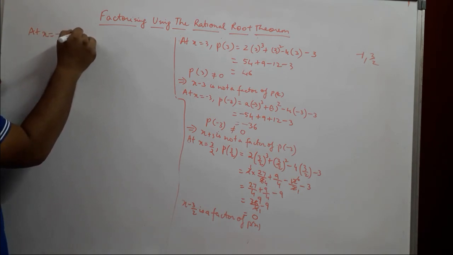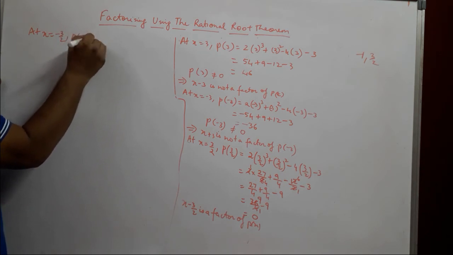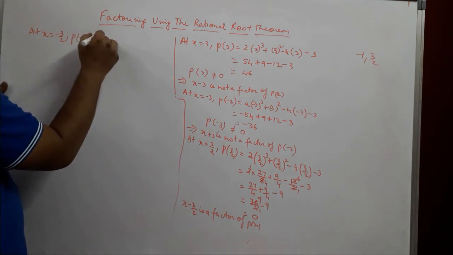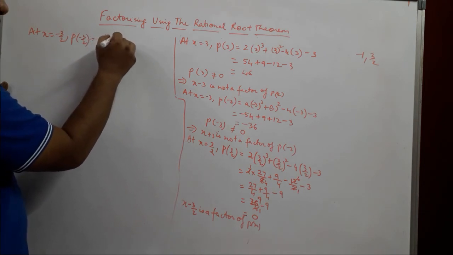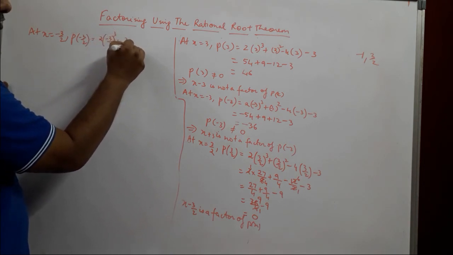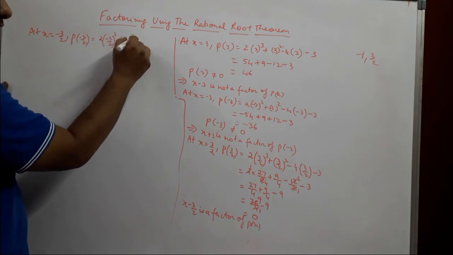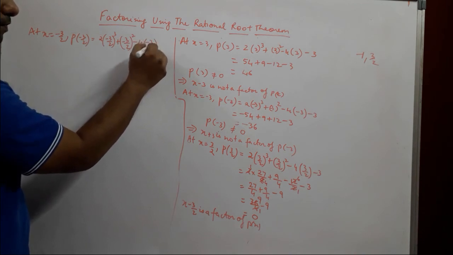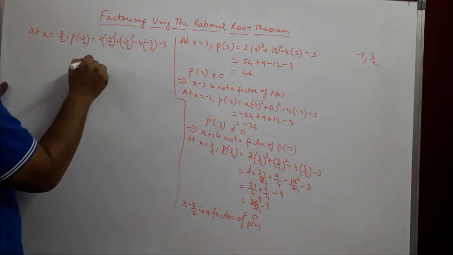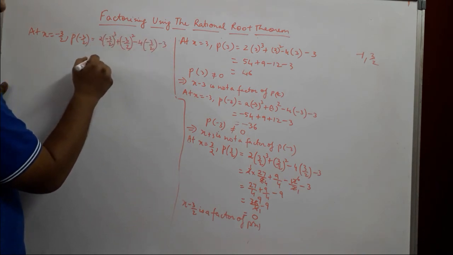P of minus 3 upon 2 equal to 2 into (minus 3 upon 2) cube plus (minus 3 upon 2) whole square minus 4 into minus 3 upon 2 minus 3. Okay, we open the brackets.